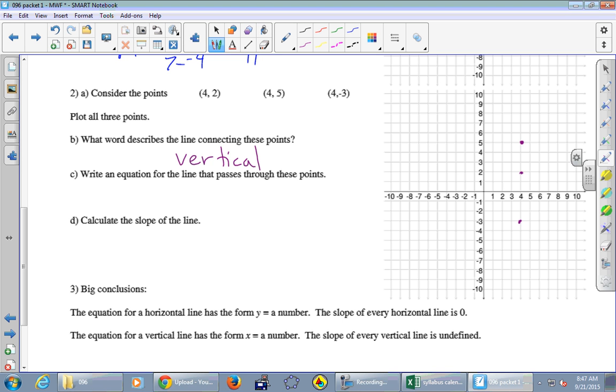And now we're looking for the equation of the line that goes through these 3 points. Looking at the coordinates, what do they have in common? X equals 4 for all 3 of those points. And in fact, for any point on this vertical line, x is equal to 4. That's the equation of that vertical line. X equals 4.